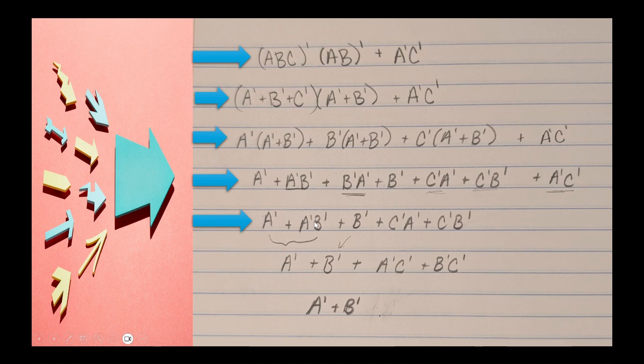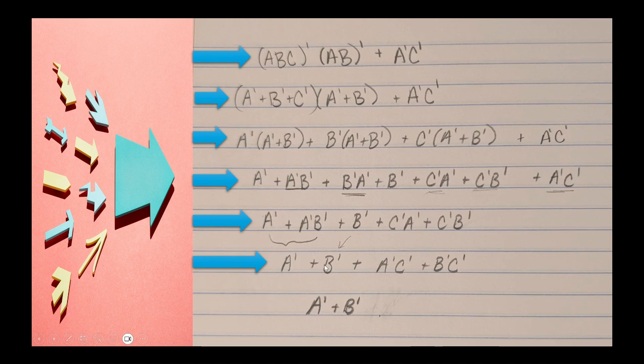Now, right here, I just kind of paired things up with each other, and then we see here that this A' plus A'B' gets absorbed into just A' here. Our B' just comes down, and then these two terms, I rearranged them so that they are in alphabetical order.